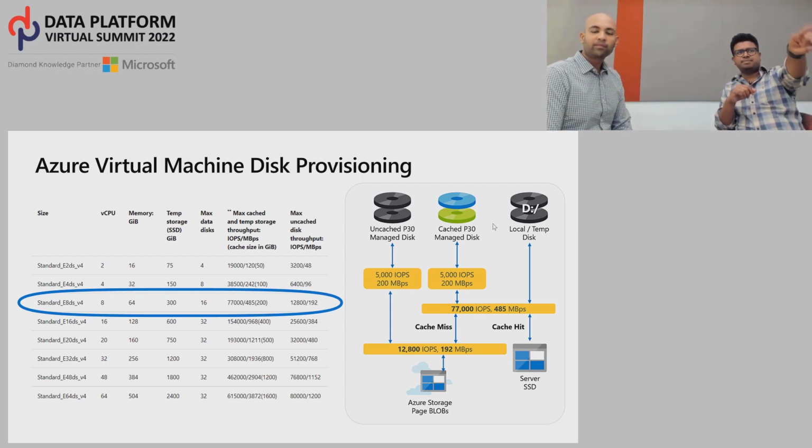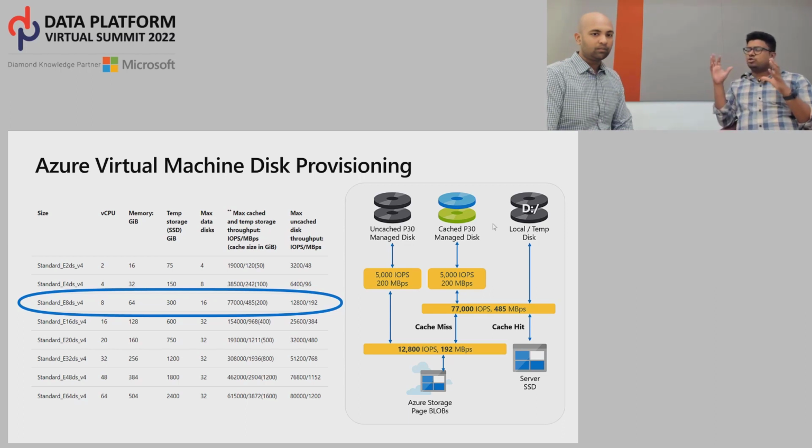There is temp storage. That essentially means the VM has temporary storage attached to it, and that is 300 GB in that particular case. And there is max data disks, as in you can attach a max of 16 data disks apart from the temp storage for that VM.